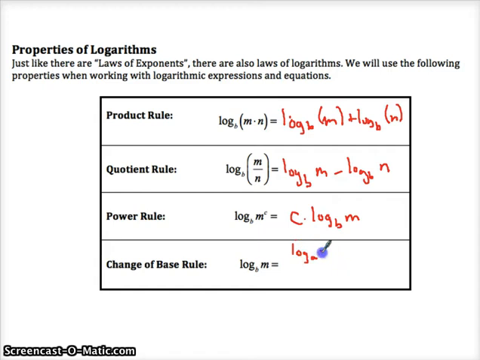Log base a of m divided by log base a of b. This is what we're calling change of base. We're adding in a new base. So I could take this m and this b and make a new fraction where I have log m over log b. That base could be 10, so you could really just write it as log m over log b, and that would equal this whole thing right here.